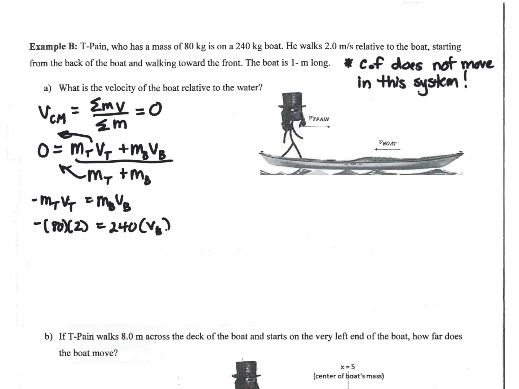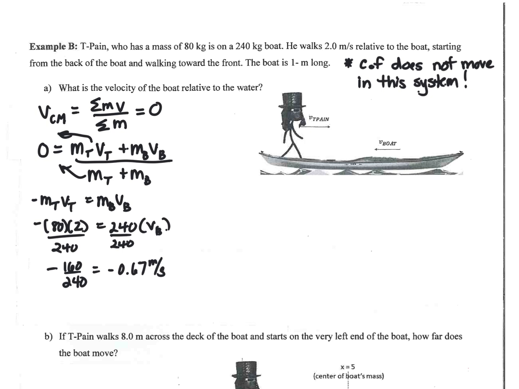Okay, so we just divide both sides by 240, and we get negative 160 over 240, which is equal to negative 0.67 meters per second.